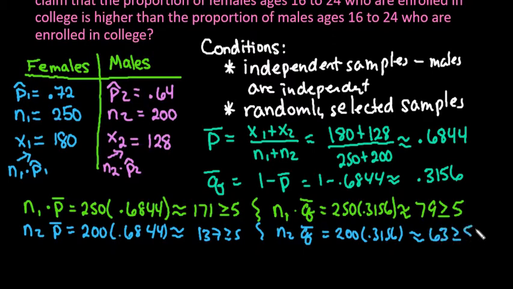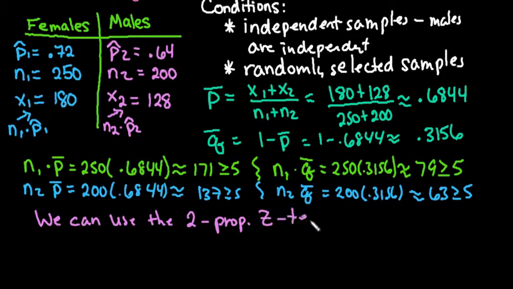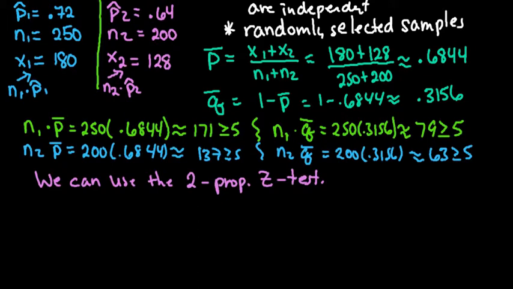So since all of our conditions are met, we can use the two proportion z-test. So if you are asked the name of the test, the name of this test is the two proportion z-test.